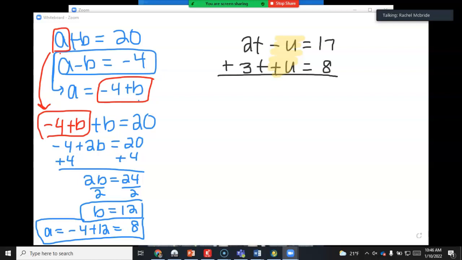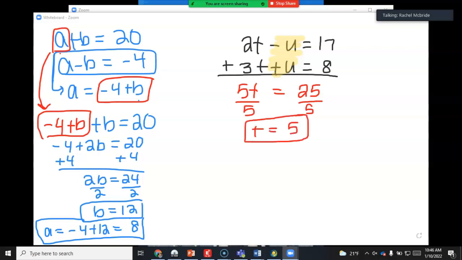So 2t plus 3t is 5t. Negative u plus u is 0. 17 plus 8 is 25. So you get 5t equals 25. Divide both sides by 5, and you get t equals 5.